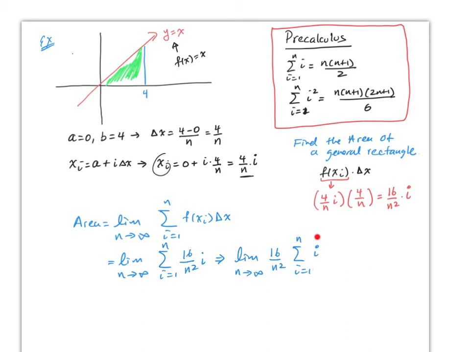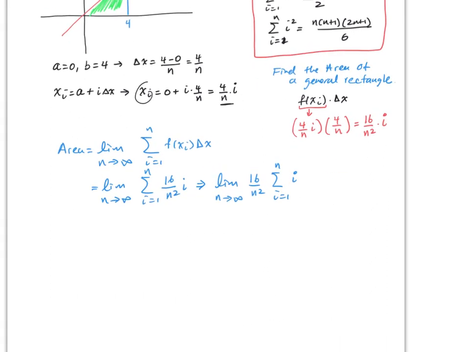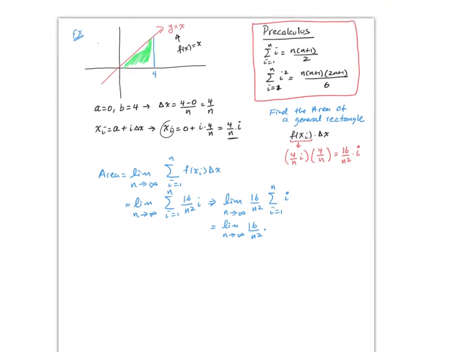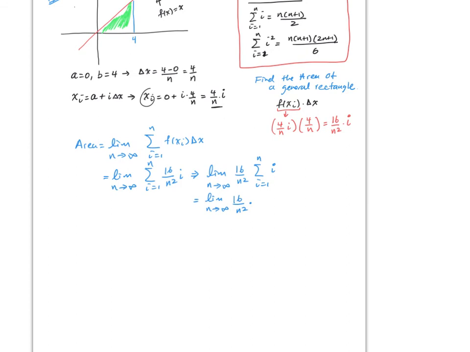Now, this is where we need this. Okay. Therefore, this will be exactly equal to the limit as n goes to infinity of 16 over n squared times, if we use the formula, n times n plus 1 over 2.